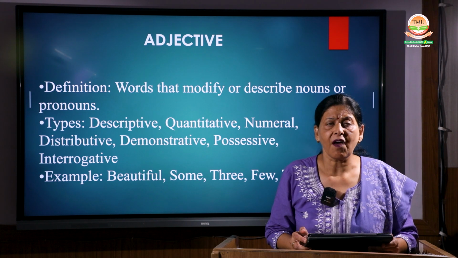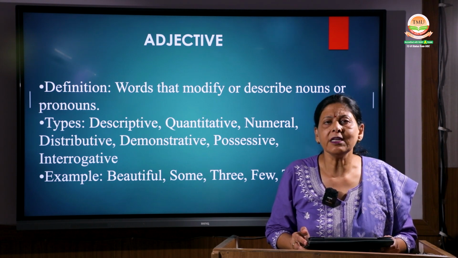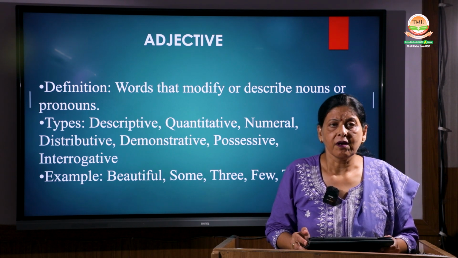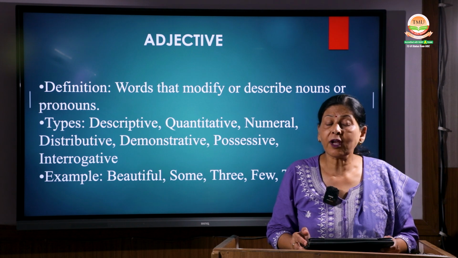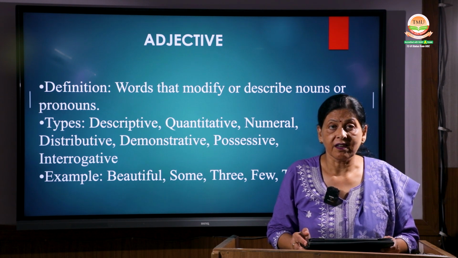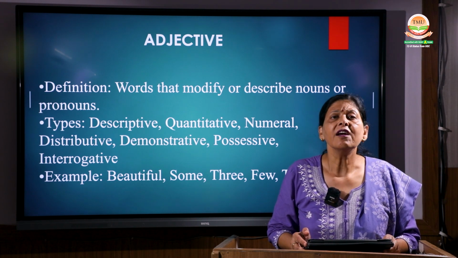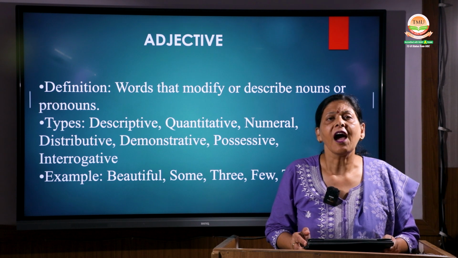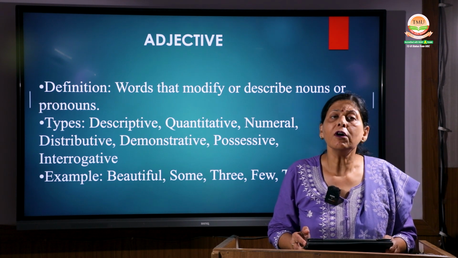Beautiful is the adjective, because it is telling us what type of girl she is. I like eating tasty food. What kind of food? Tasty. So what kind of food do I like to eat? I like to eat tasty food. So tasty is the quality of the food.